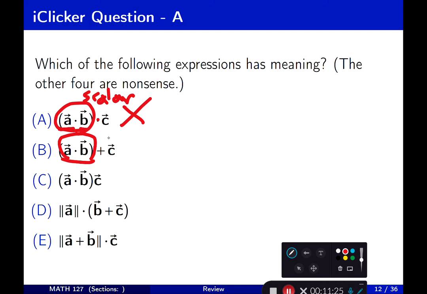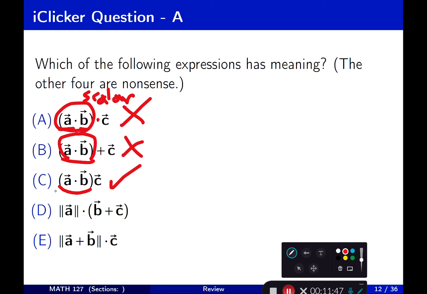Scalars do not add up with vectors. This is nonsensical. A dot B is a scalar, and that part is defined, and then you multiply it by C. This is scalar multiplication, and that is fine.